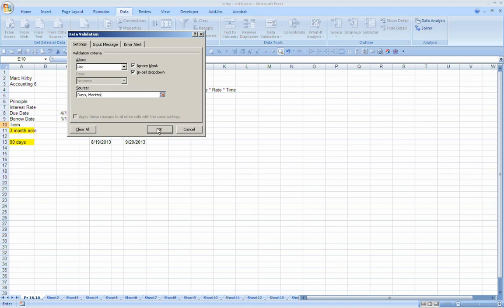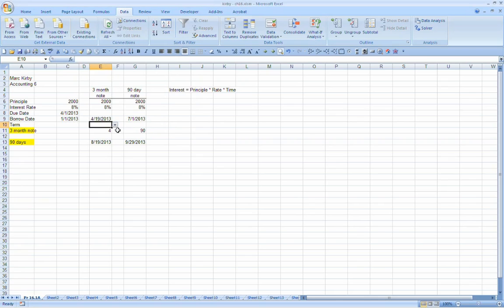Only 2 things. Okay? And I'm actually going to copy that and put it here as well. So I've got data validation in both places. This one is in months, this one is in days, and you put in the number here.